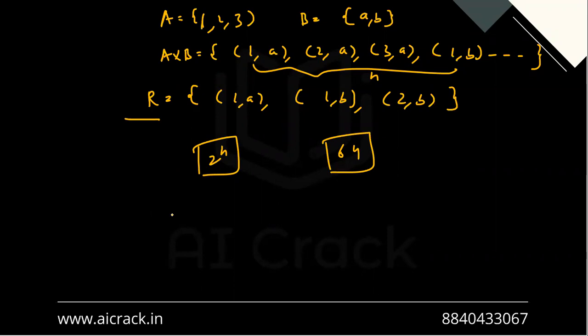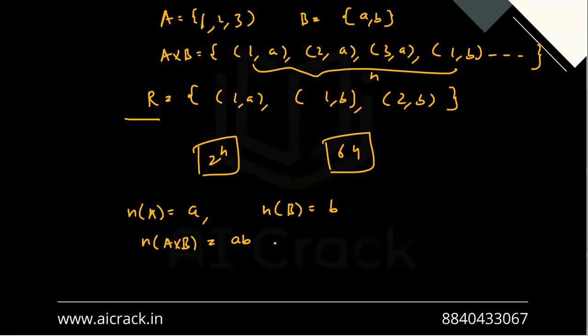So let's break it down further. In A cross B, let's say NA equals a and NB equals b. The number of elements in set A is a, and the number of elements in set B is b. In that case, the number of elements in A cross B equals ab, or a times b, right? Now we have to find the subsets for finding out the number of relations.